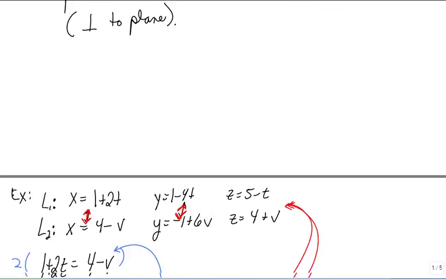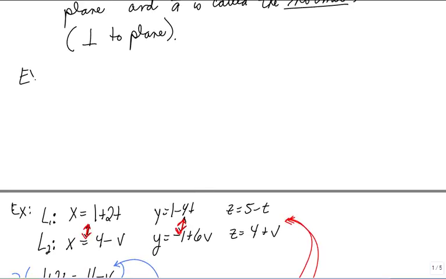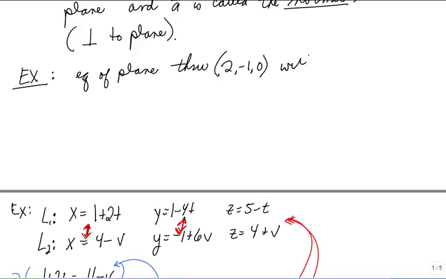Okay, so here's an easy example. We want to find the equation of the plane through the point 2, negative 1, 0 with the normal vector negative 1, 2, 3.